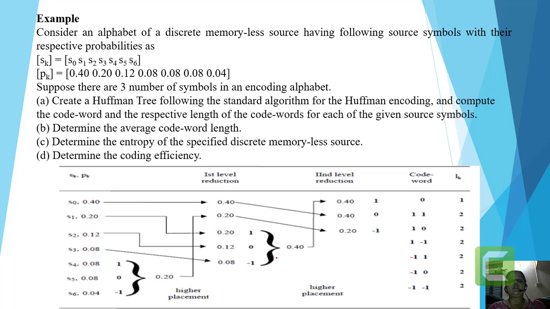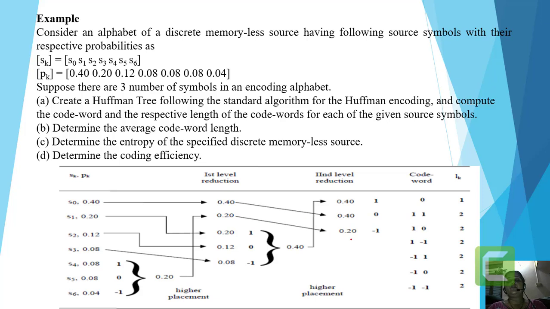This combining will give the result as 0.40. Originally 0.40 is existing. Here in this step the higher placement you have used. The same type of placement I have to refer in the next level of reduction. So 0.40 will be placed at the higher location. This 0.40 will be carry forwarded.